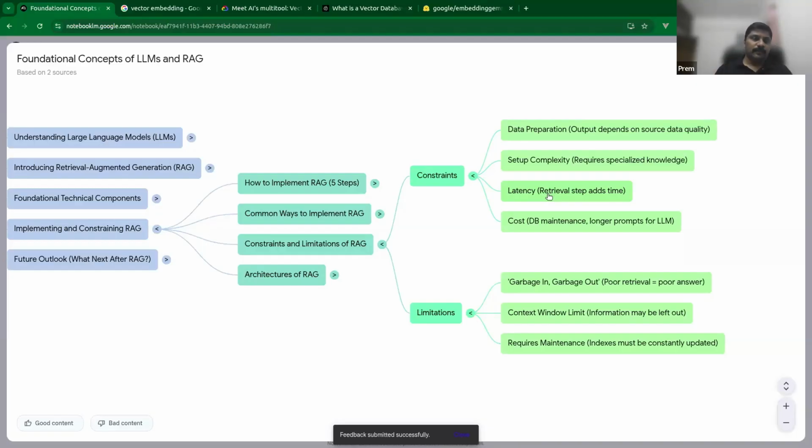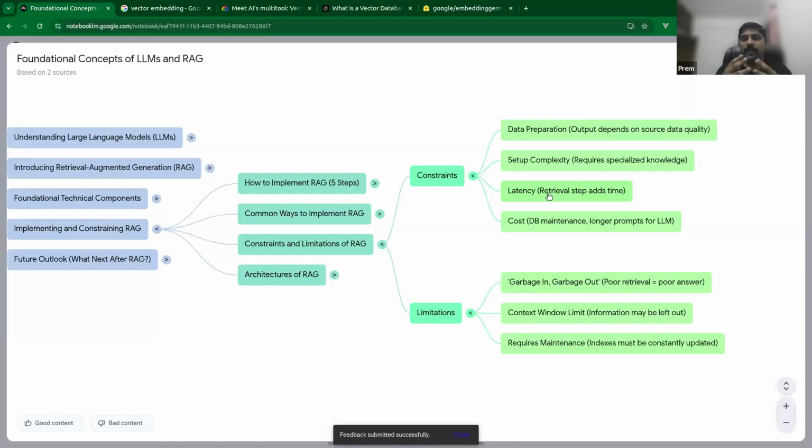Numbers have no meaning. In that case, even RAG semantic search will find it difficult to get the right information, okay? Because everything will be in the same space, but the top 50 may not have the data you are looking for. So there are some limitations there, and those have to be dealt with separately.